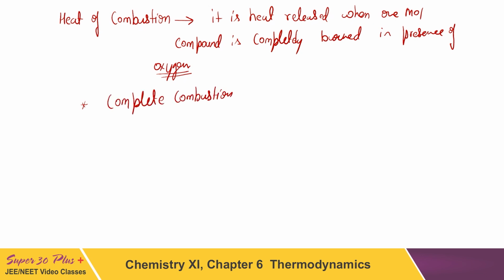See, I burned carbon in the presence of oxygen and formed carbon monoxide. At the same time, I also burned carbon in the presence of oxygen in a different way and formed carbon dioxide. Out of these two equations, one is complete combustion and the other is partial combustion.